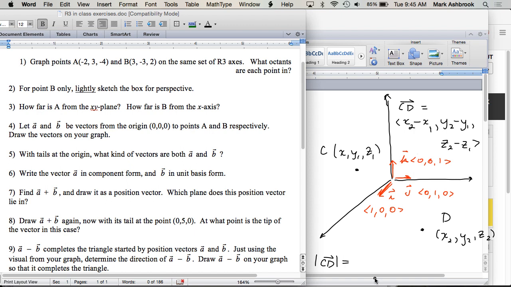You can show that if you use the Pythagorean theorem on one side, that gives you the diagonal of one side. Combine that with a third dimension, and you get the diagonal of the box. And so then it would be the sum of the squares, square root, just like the Pythagorean theorem, but now with three coordinates.